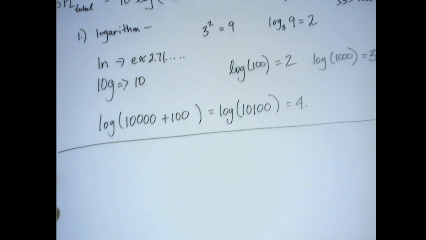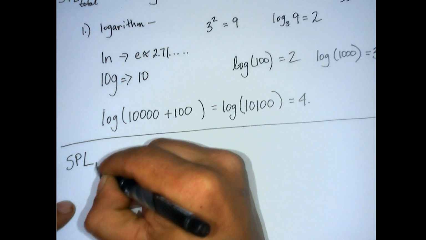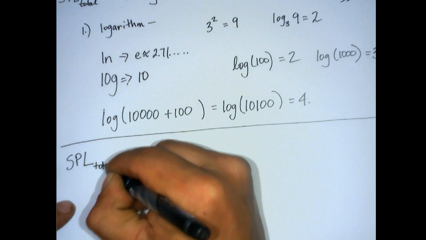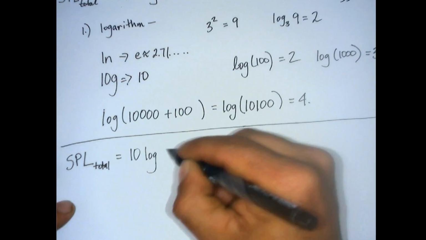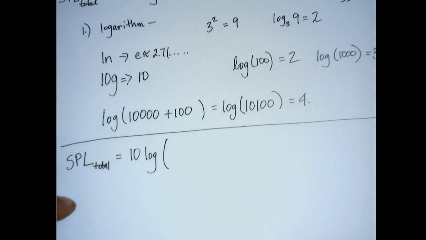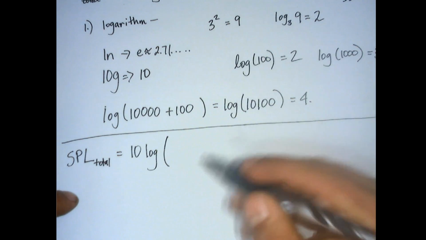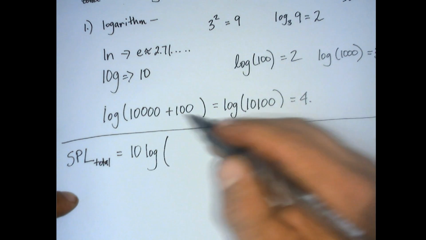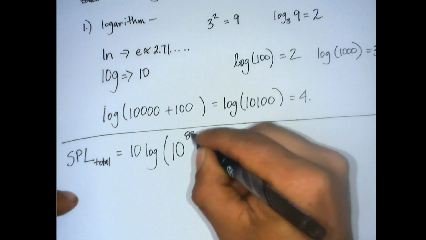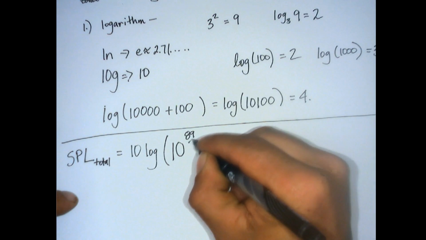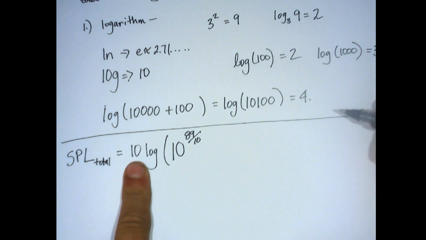In the original formula, we wanted to find the total sound pressure level with 3 sources. So we're going to take 10 times the logarithm. The first source, and I'm going to try to write this real big because these exponents can get real small, was 89 decibels, and we divide that by 10, because when we find this mean, we're going to multiply it back by 10 out here.